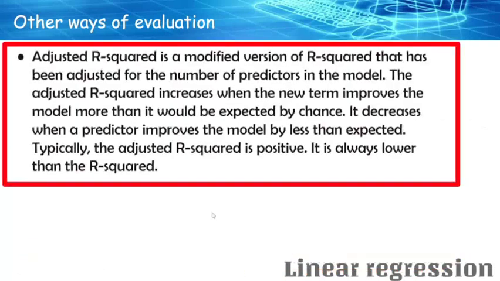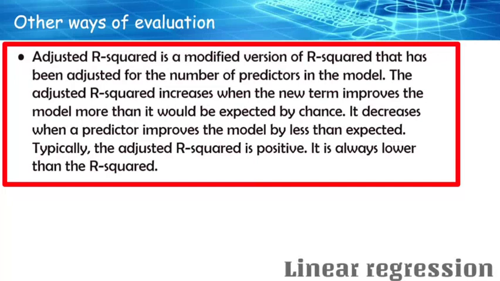And adjusted R square is a modified version of R square. So you have one version known as R square, and this is adjusted R square. It has been adjusted for the number of predictors in the model.